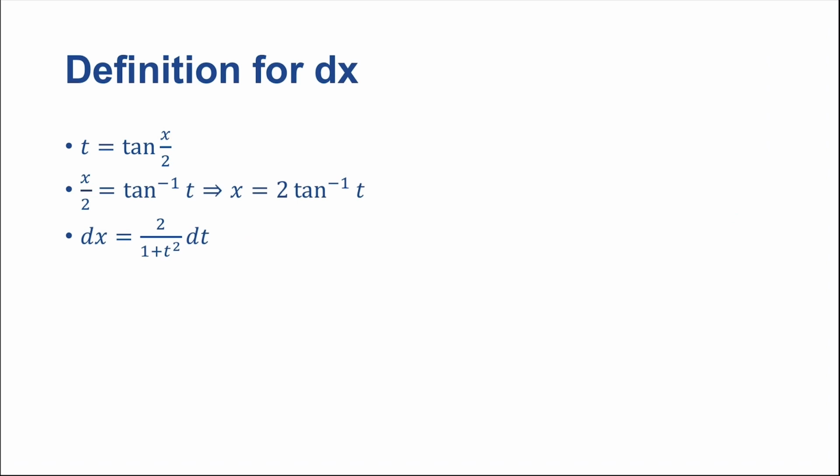Now we have x and we want to find dx, so we need to differentiate it. If you remember the derivative, d by dx of tangent inverse of x is equal to 1 over 1 plus x squared.